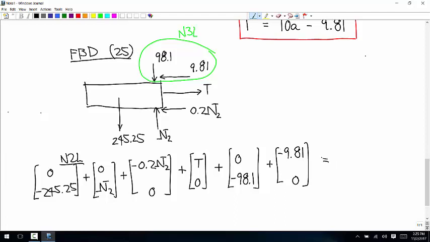And all that is equal to the mass of what we're isolating now, 25 kilograms, times the acceleration vector.